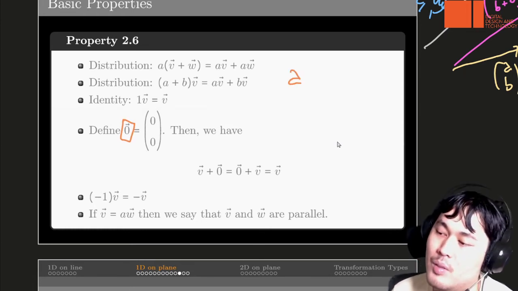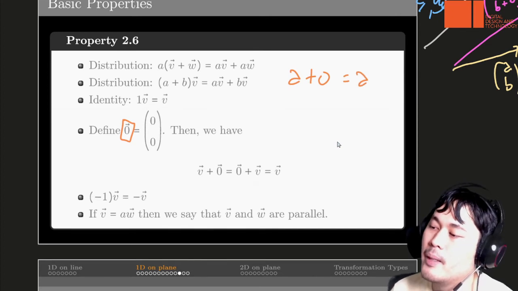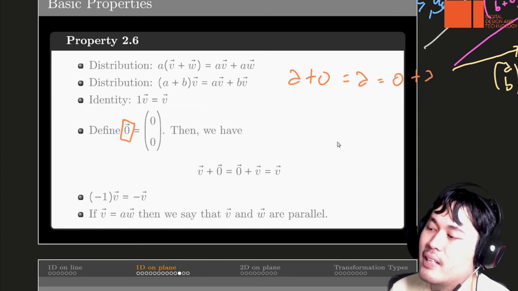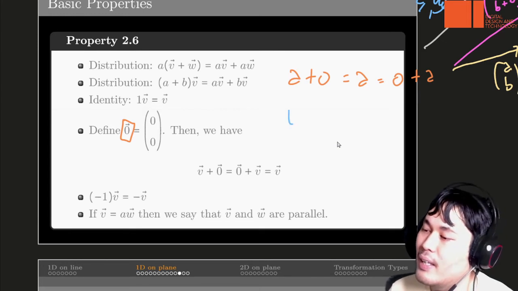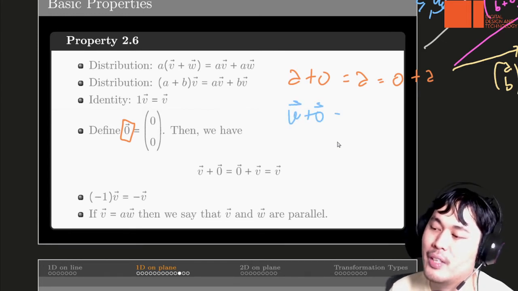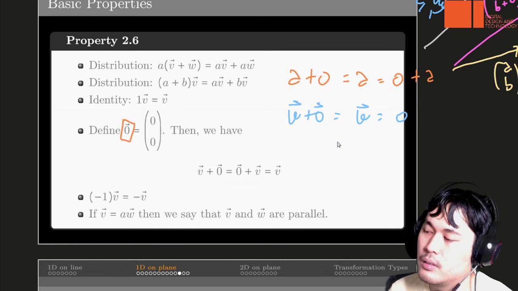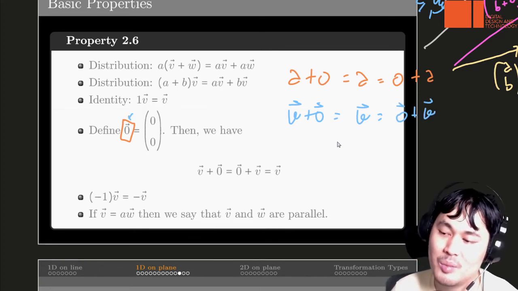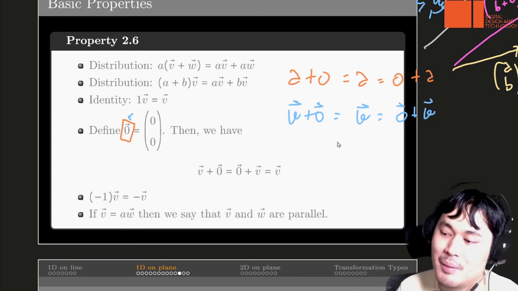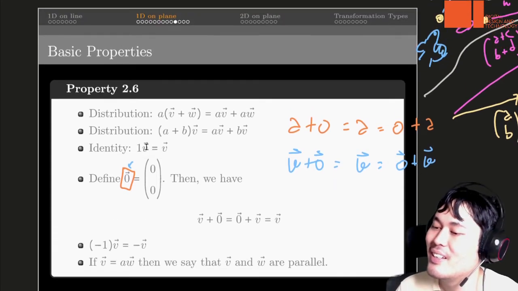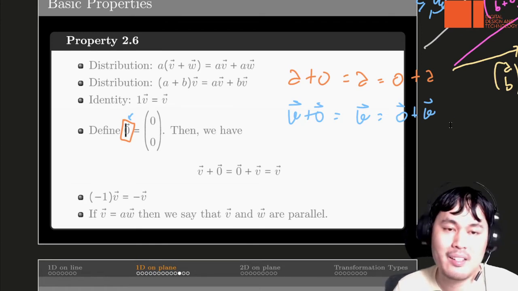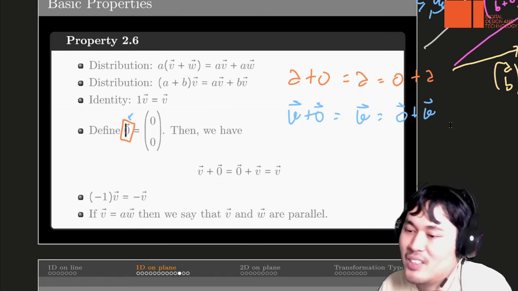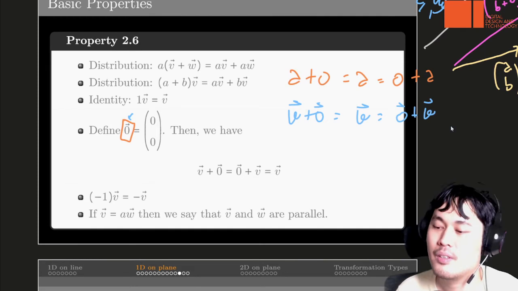Just like you have the number 0 that has the property that you can add 0 to anything and get back the number itself, likewise we have the 0 for the vector as well. But since it is a vector, we need to put an arrow on top of it. If you add anything to 0, it's like you push nothing, you do nothing. The result doesn't change.